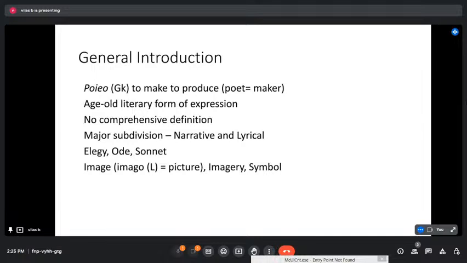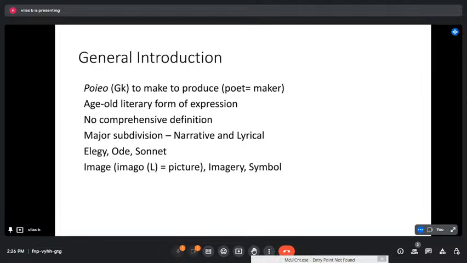It has a tragic tone, and there are types of elegies like pastoral elegy, and we know the famous elegies so far. Walt Whitman's elegy, "Oh Captain, my Captain," or there are different elegies as well. So, sonnet is there, ode is there, and John Keats's odes are very famous. One of them is "Ode on a Grecian Urn."